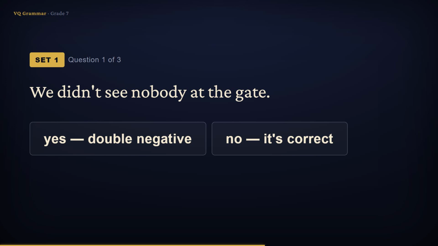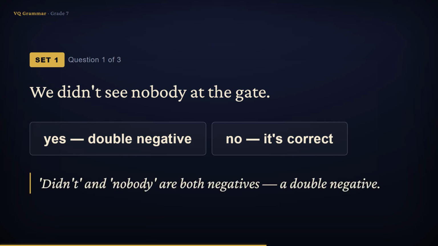We didn't see nobody at the gate. Let's count the negatives. Didn't is 1 and nobody is 2. That's 2 negatives in a single sentence, so yes, this is a double negative. You could fix it as we didn't see anybody or we saw nobody.